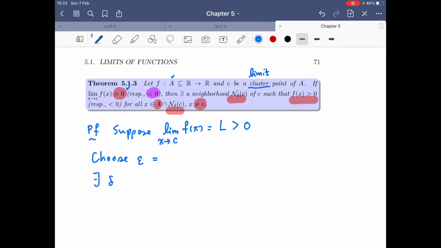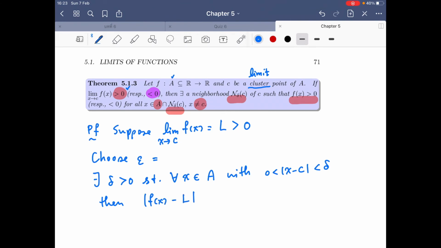We can find the delta positive such that for all x inside A and your distance from C and x is less than delta, then the distance between your function value and L is less than epsilon.